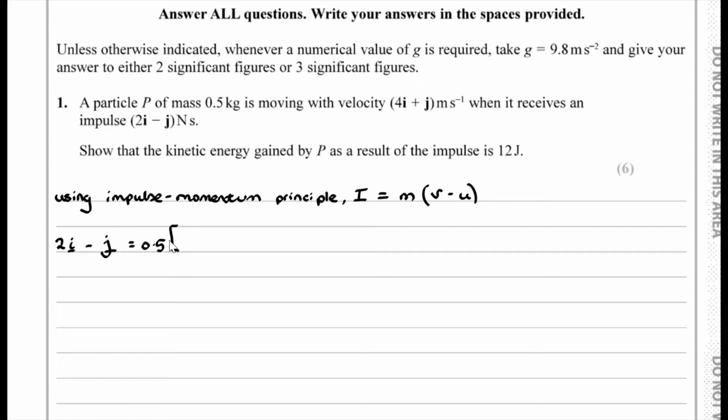Now, of course, we don't know the final velocity, but we know the initial velocity 4i + j. So if we write this down, we have v minus this u, which is 4i + j.